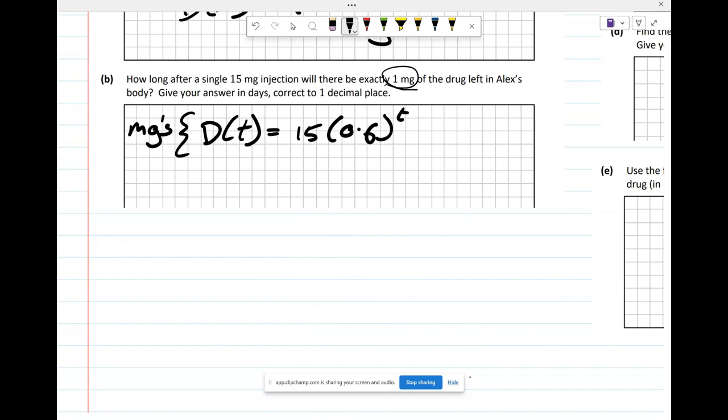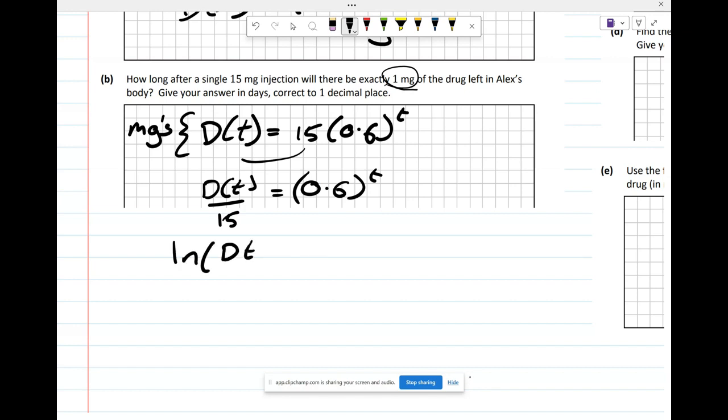So let's divide by 15. So d of t divided by 15 is equal to 0.6 to the power of t. Then what we can do is take the natural log of both sides: natural log of d of t over 15 equals natural log of 0.6 to the power t.